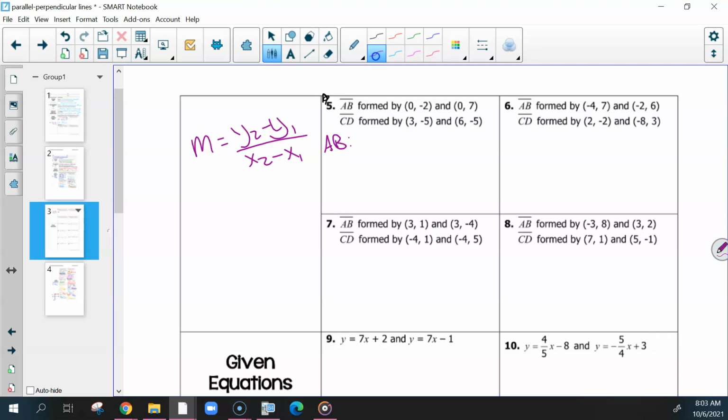Find the slope of AB, find the slope of CD, and we'll compare them. So I'm going to find the slope and then we'll simplify and talk about that.